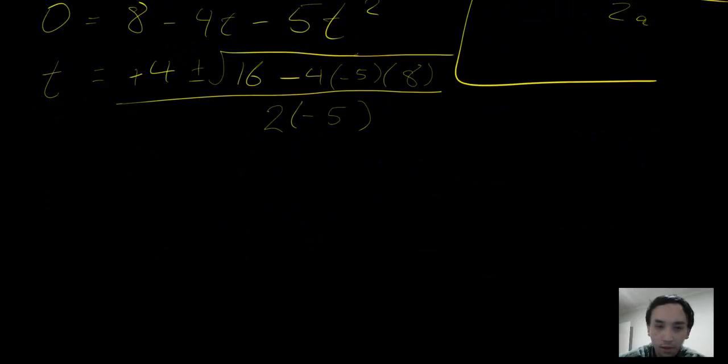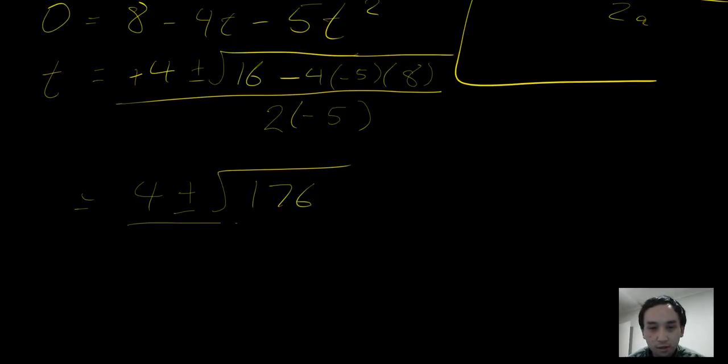Just going down a little bit. Here we go. So we get 4 plus or minus, what's inside the square root? We have 16 plus 20 times 8. So 20 times 8 is 160, so we have 176 over negative 10.